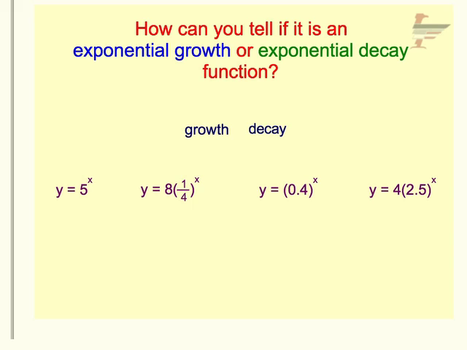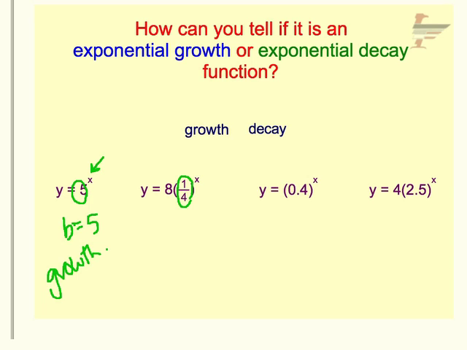Right here, just a few quick examples to think about whether or not what we're looking at is growth or decay. So what you want to do is take a look at that b value, whatever the base is for that exponent of x. This b value is a 5, and that is bigger than 1, so that would be growth.